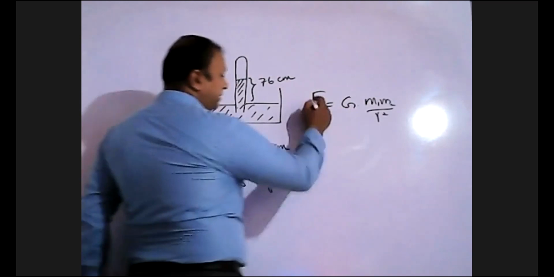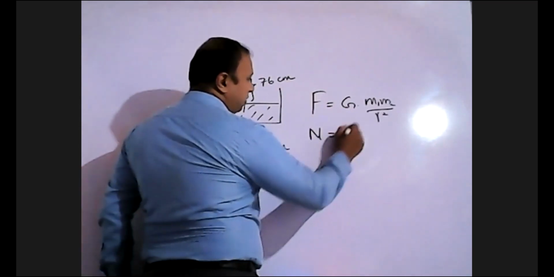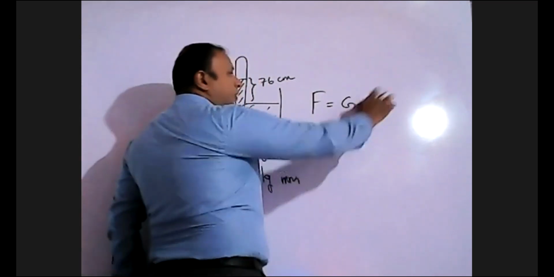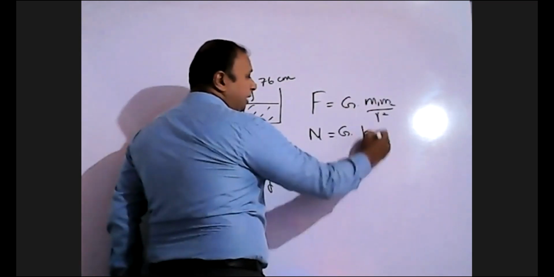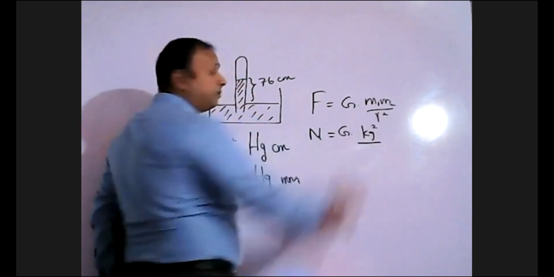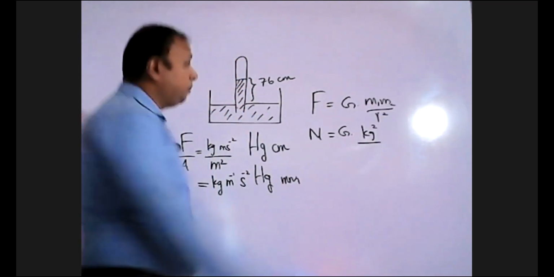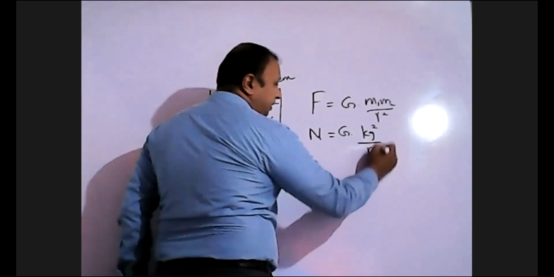If this is Newton, then Newton is equal to G times kilogram squared over R squared. R is measured by meter, so R squared means meter squared.